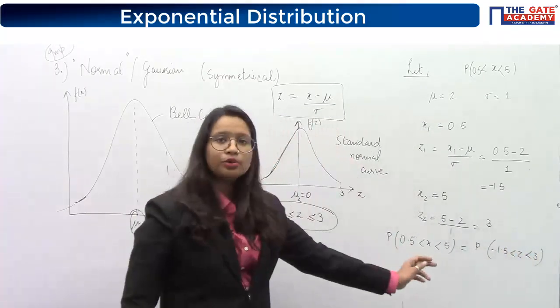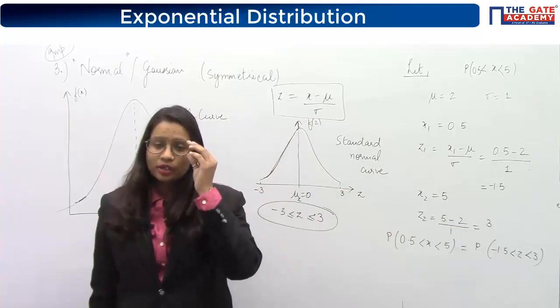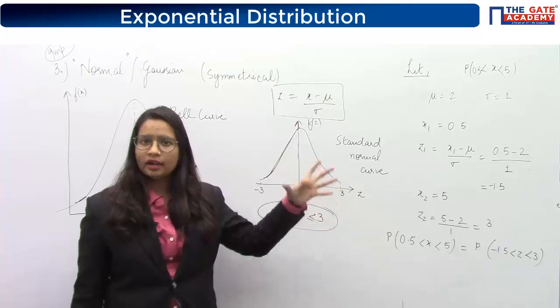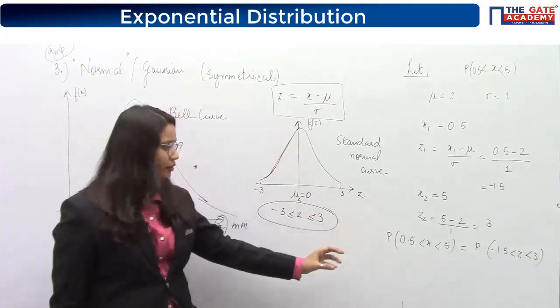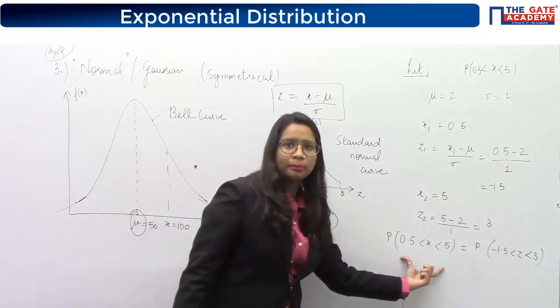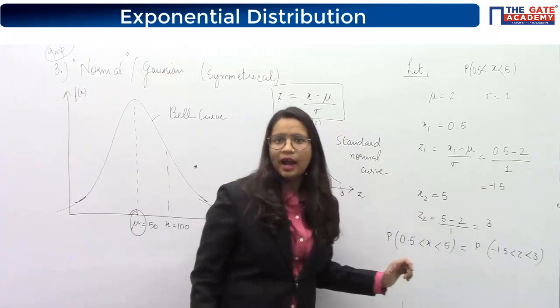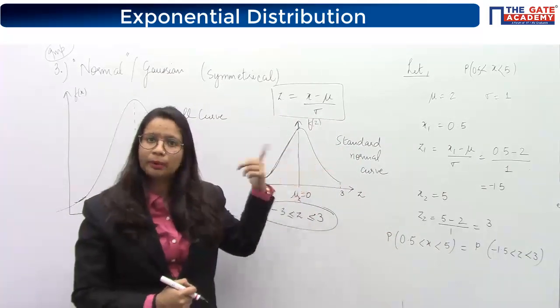Now this value you can find out from the normal table. What is the normal table? Actually for each and every point the probability has been calculated and tabulated, so that now you do not have to integrate it. You will just refer to it: in x variables, if this is the required probability, you will convert it into z variable like this, and you will refer to the table, from minus 1.5 to 3, what is the probability.